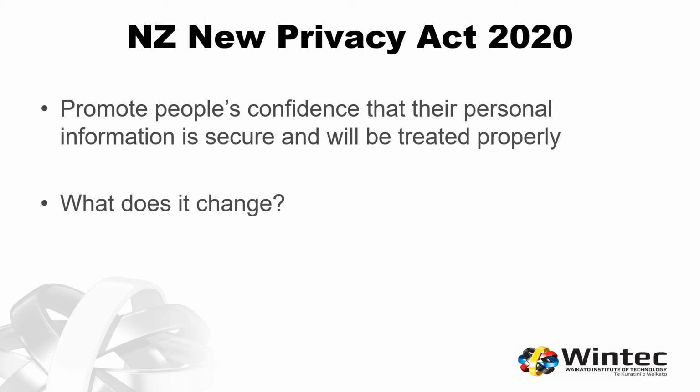For businesses, the first notable change is a new mandatory privacy breach notification requirement. According to the new rules, if organizations have a privacy breach that poses a risk of serious harm, they are required to notify the Commissioner and affected parties. Going forward, not notifying the Commissioner in the event of a breach will be considered an offense.